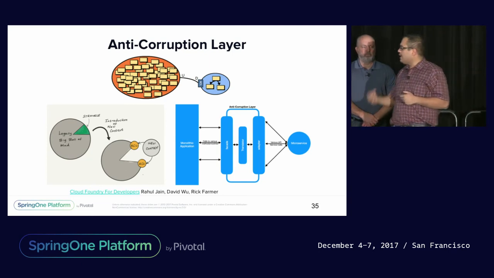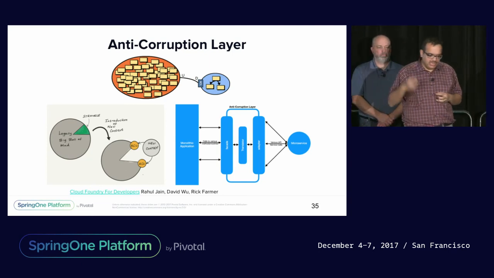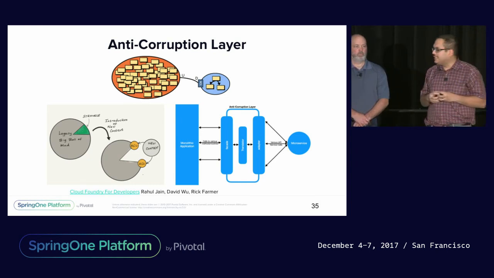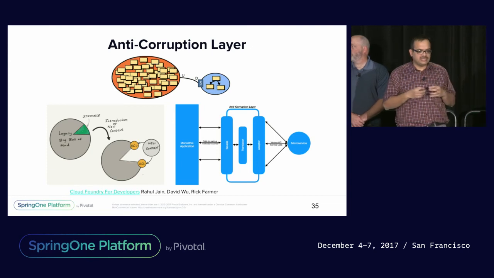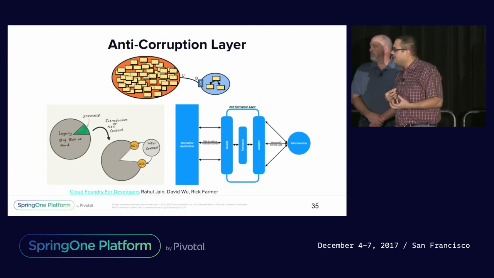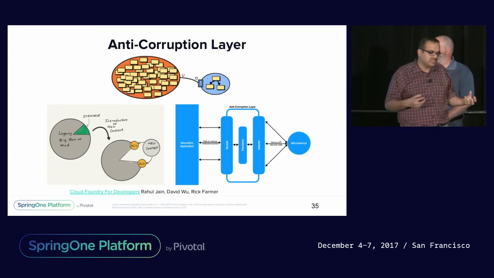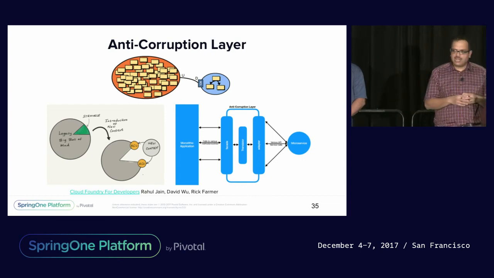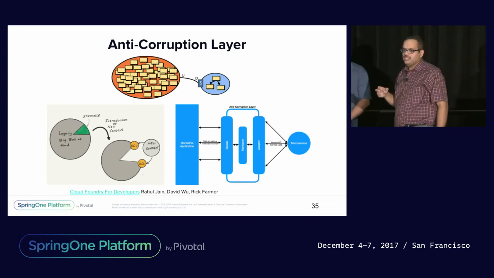The adapter, what does the adapter do? The adapter takes in the inbound traffic, be it through APIs or through messaging, and then the translator translates it to the older domain model and communicates it back to the monolithic application. So it's essentially a very sophisticated translator. That's the anti-corruption layer. This pattern is used a lot.